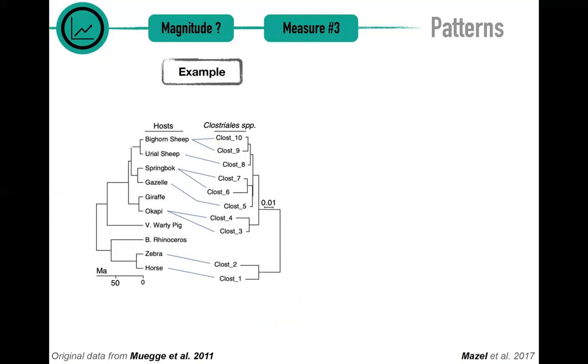Not necessarily, but that might be an indicator of co-speciation between the host and the microbe, which means that they've been evolving together for millions of years, and when the host speciates, then the host-specific bacteria in the gut also speciate. I've shown you one example that is probably the best example we had, a nice, very congruent phylogeny.